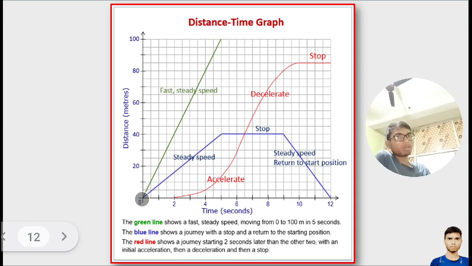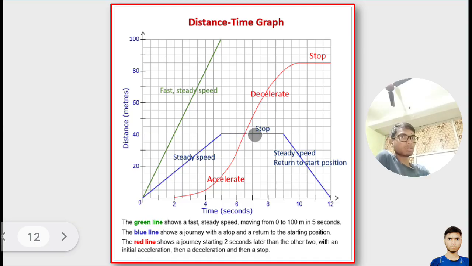From here, an object started moving from here to here. Acceleration is positive because it is going from downward to upward. That's why this acceleration is positive. But here what is happening? Distance is the same, 40, but time is passing. It means this object is not covering distance.